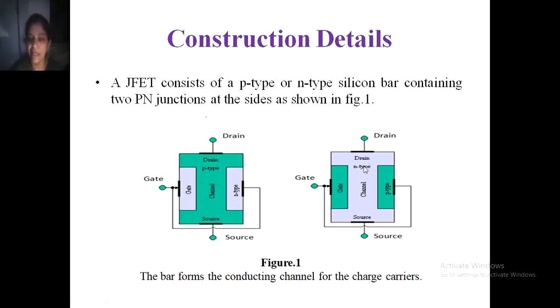Whereas in an N type channel, the substrate is taken as an N substrate, so the current flows through the N type channel. That's why it is known as the N type.